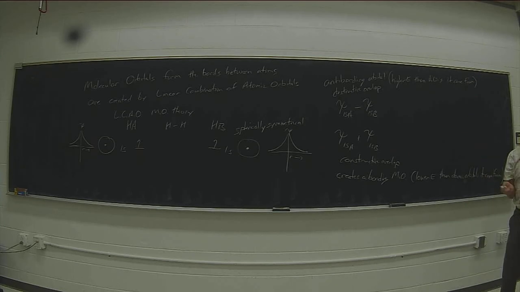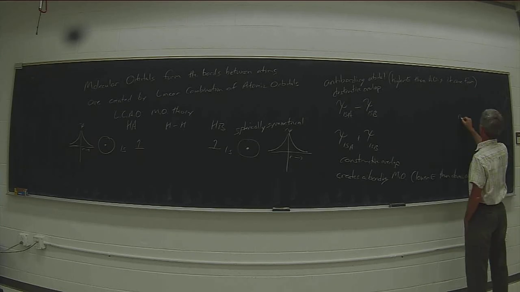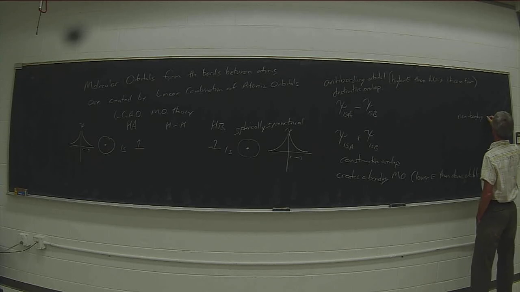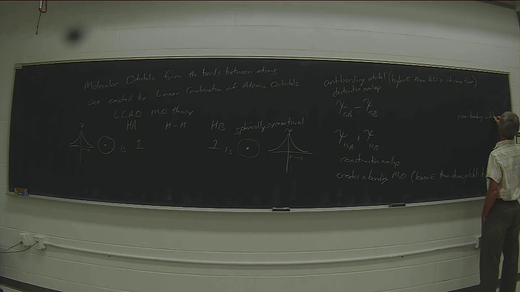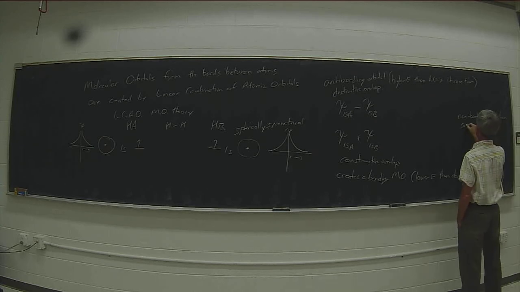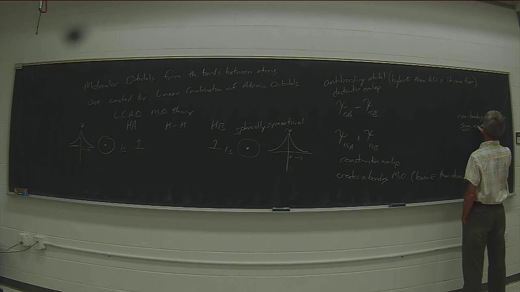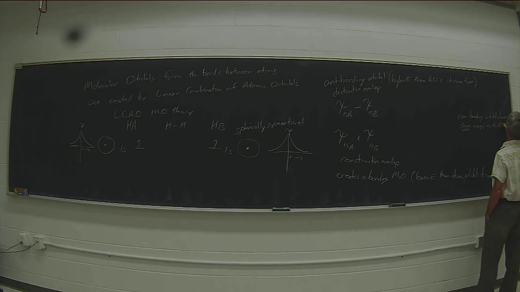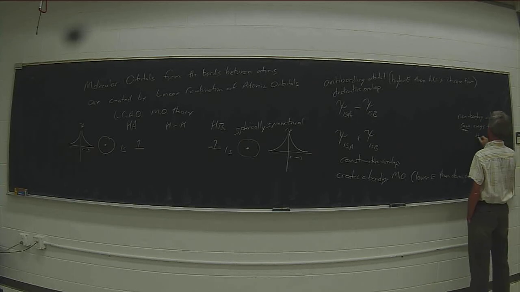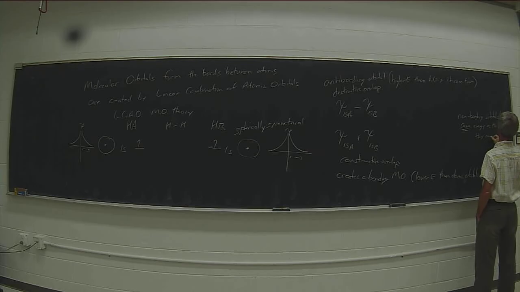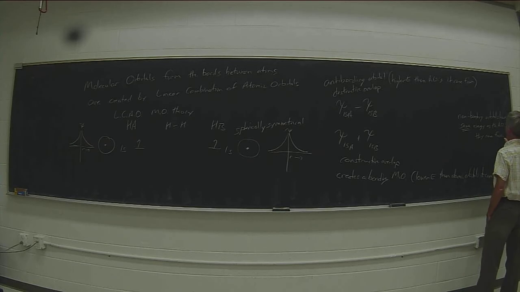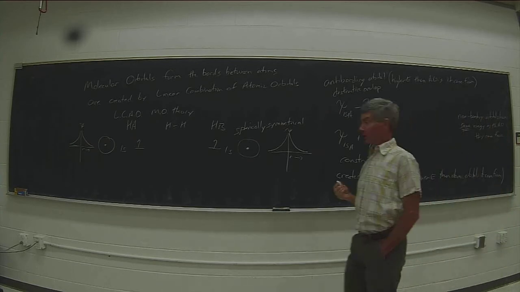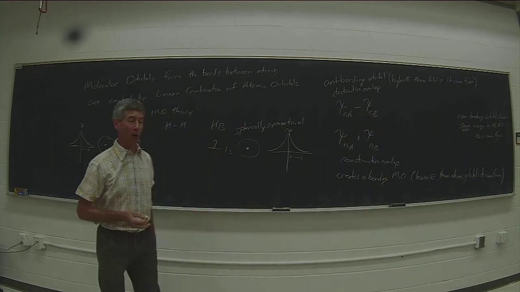There are also, in some cases, non-bonding orbitals. Non-bonding orbitals have the same energy as the atomic orbitals that created them. Non-bonding orbitals are pretty common in molecules that have lone pairs.